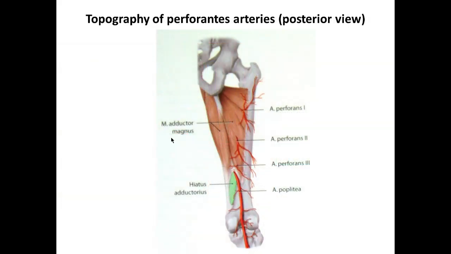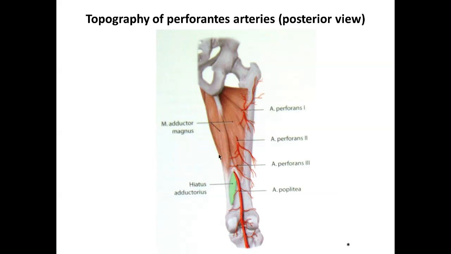And one more picture. It is a posterior view of the same vessels, and I'd like to point out that all muscles were removed and only adductor magnus we can see here.